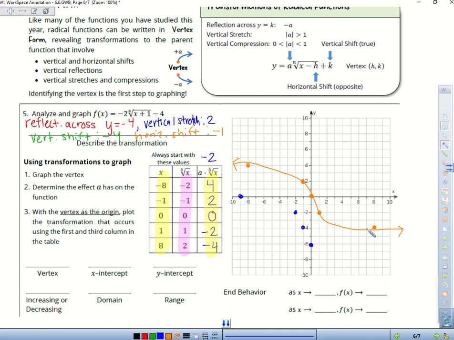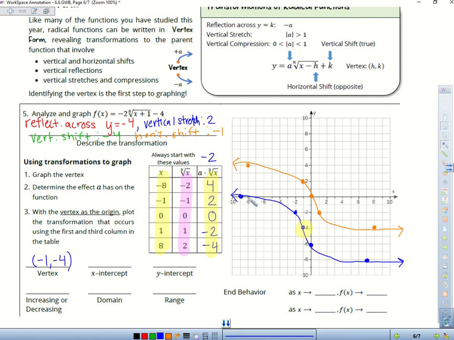It's up to you because it doesn't make a difference. It's not like slope or anything, because as long as you do both of them, it doesn't matter. So here's our final form. And this puts my vertex at -1, -4. Is that expected? Yes, we expected that, right?